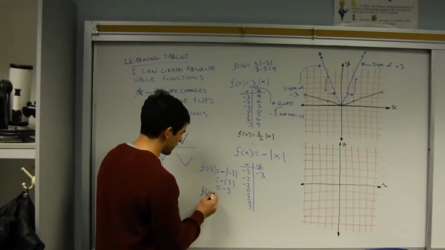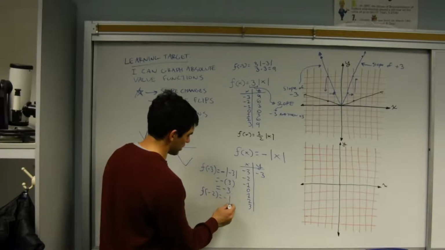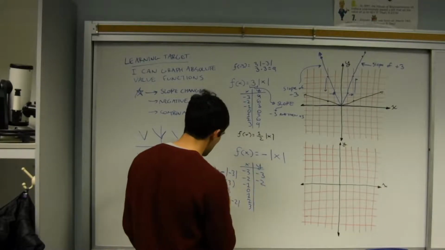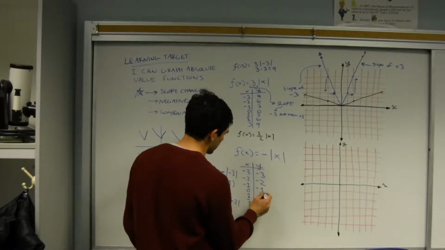Similarly, f of negative 2 is equal to negative times the absolute value of negative 2, is equal to negative 2. F of negative 1 is going to be equal to negative 1.